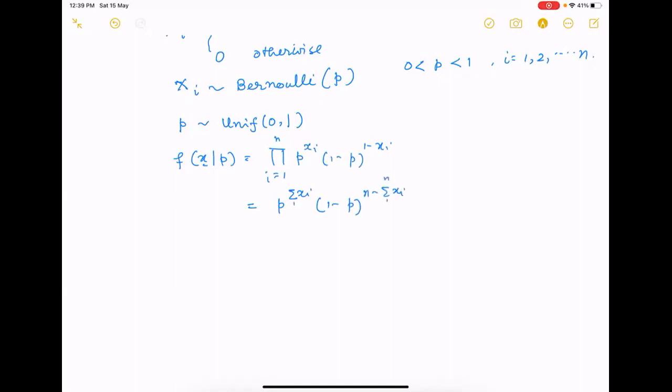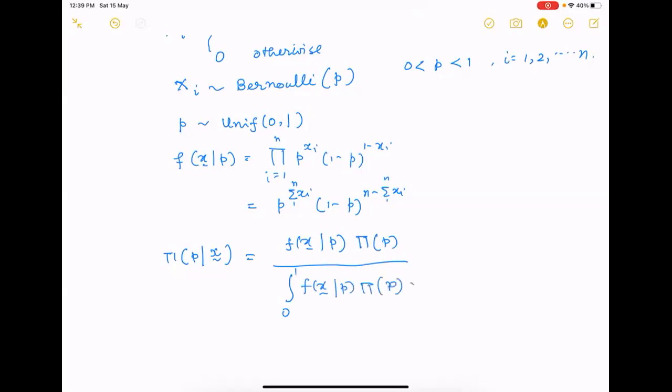Now the posterior distribution of p given x tilde is f of x tilde given p times pi of p, divided by the integration from 0 to 1 of f of x tilde given p times pi of p dp.